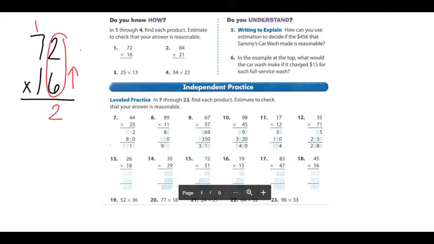Then I'm going to multiply the 6 by the 10s. So I have 7 times 6, which is 42, plus 1, that's 43. I've got 4 hundreds and 3 tens.